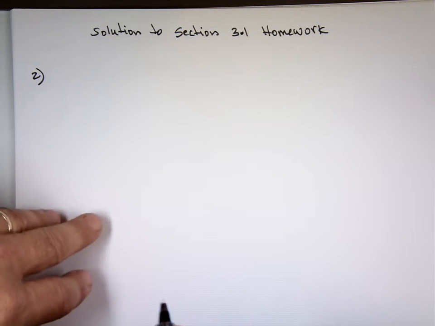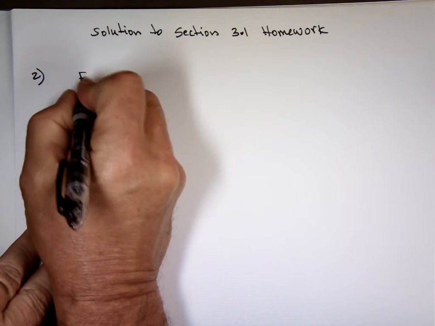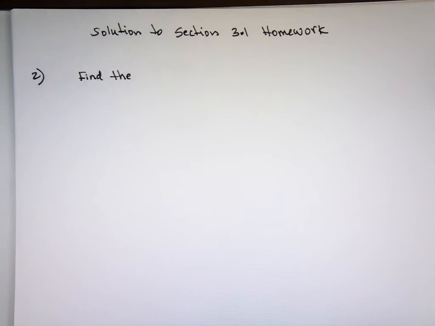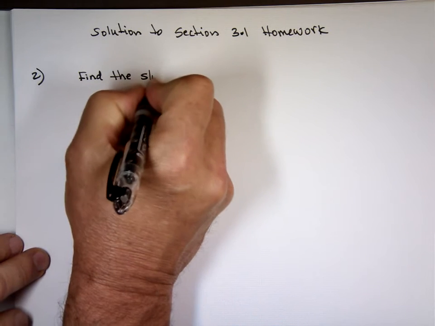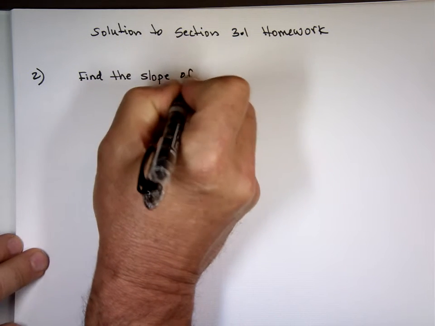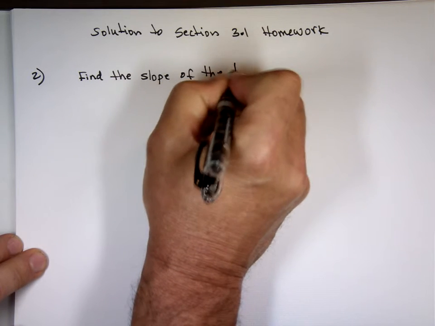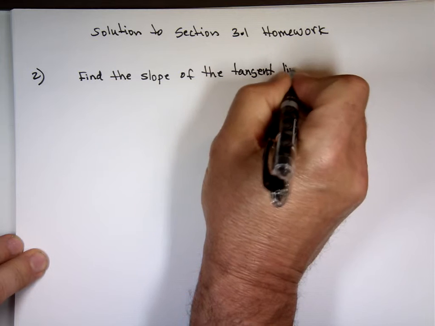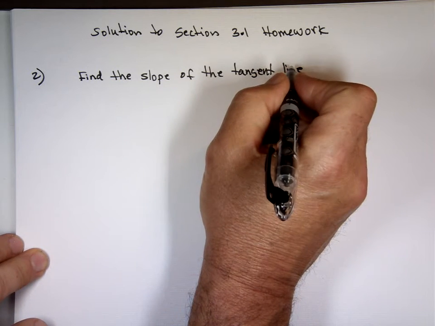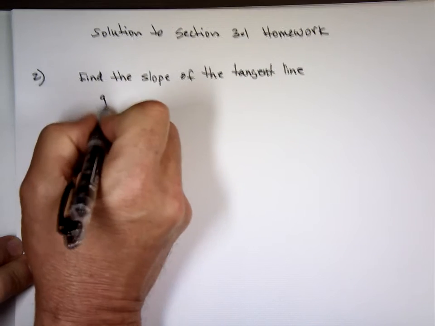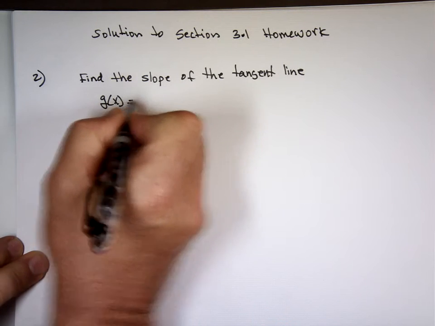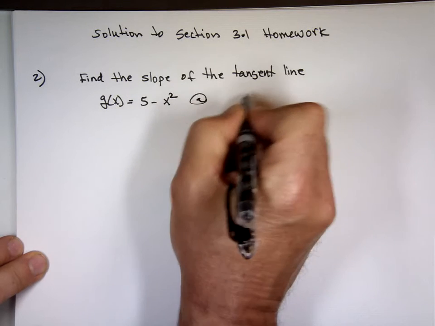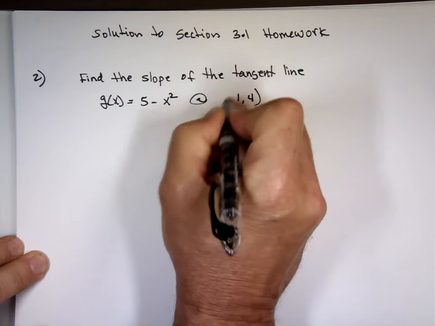Number 2 says, find the slope of the tangent line of the graph g sub x equals 5 minus x squared at x equals 1 comma 4, at the point 1 comma 4.